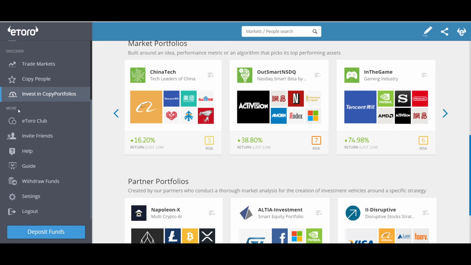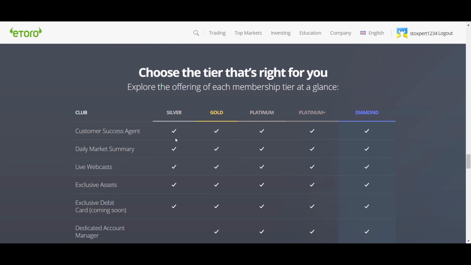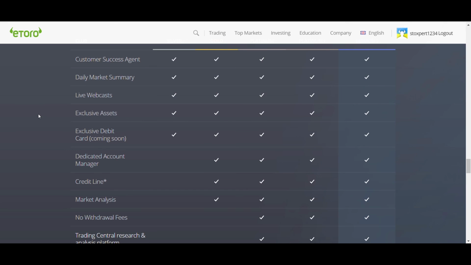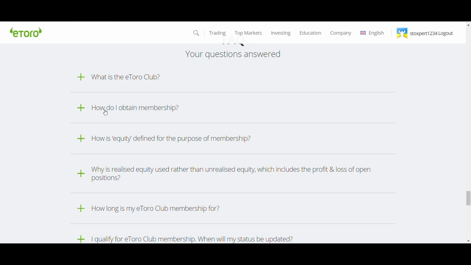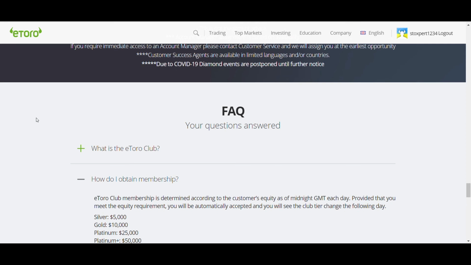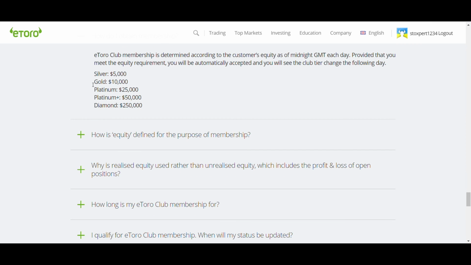Here in the more section you can find eToro Club, where you can explore the offering of each membership tier from silver to diamond, and it depends on your equity. So how much money do you have in your account? For silver you should have $5,000, and for diamond $250,000.